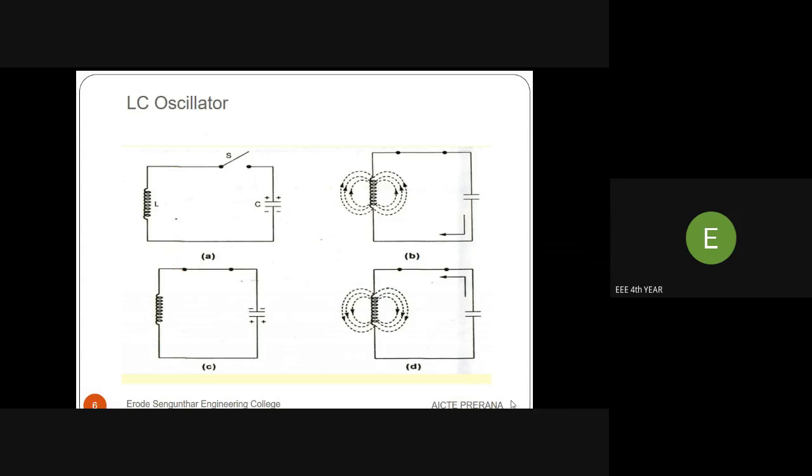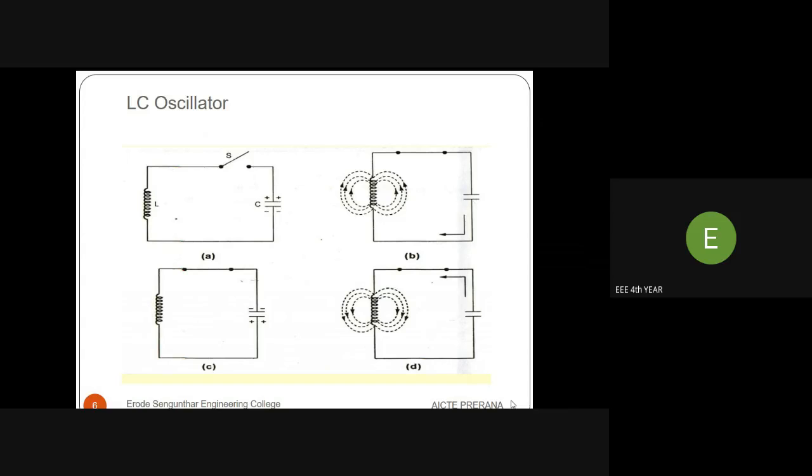As per Lenz's law, the capacitor starts charging with the opposite polarity, making the lower part positive and the upper part negative.